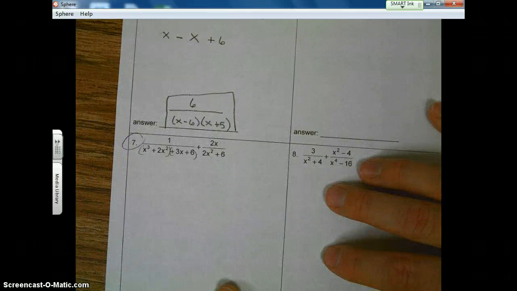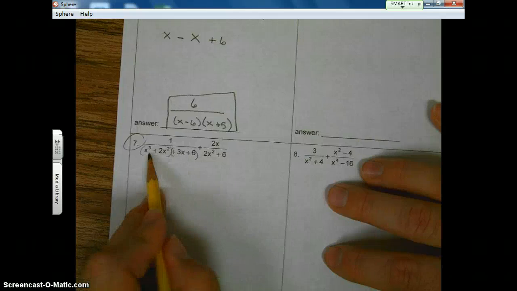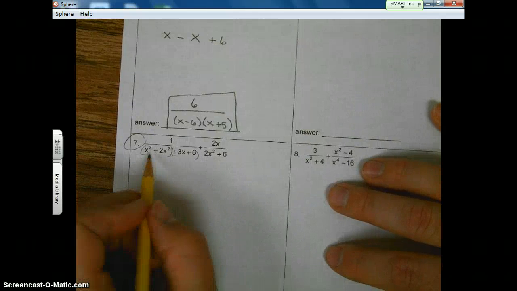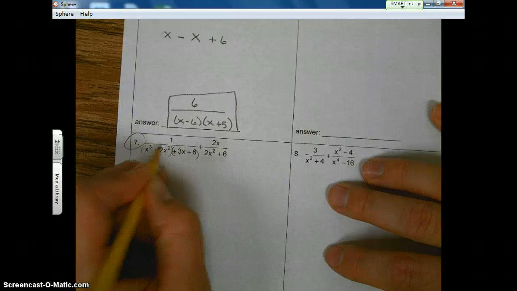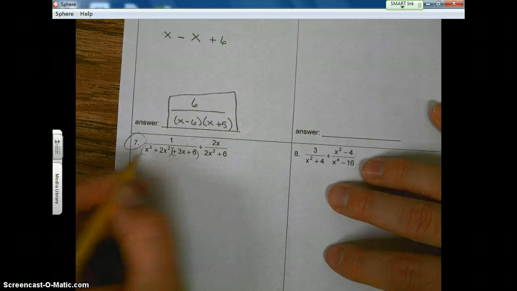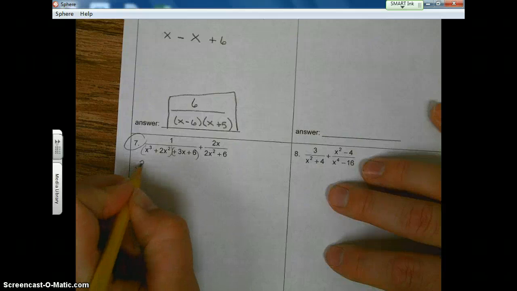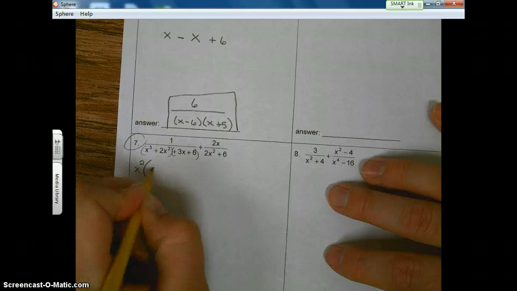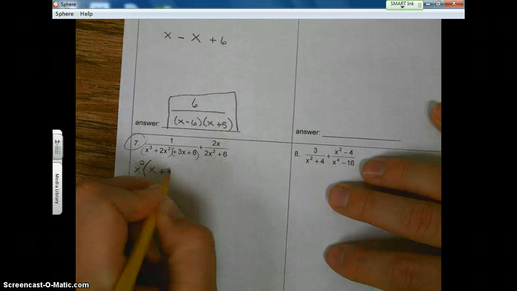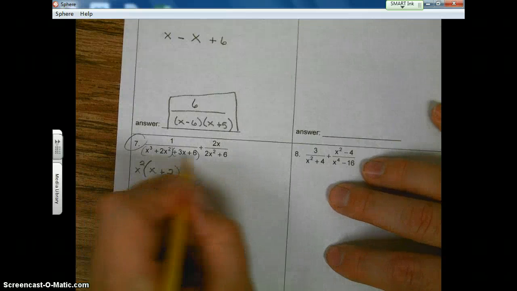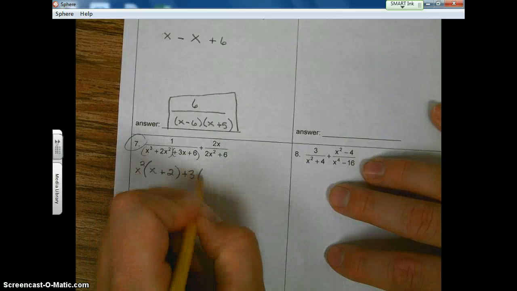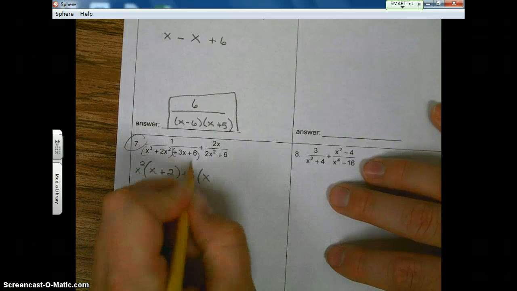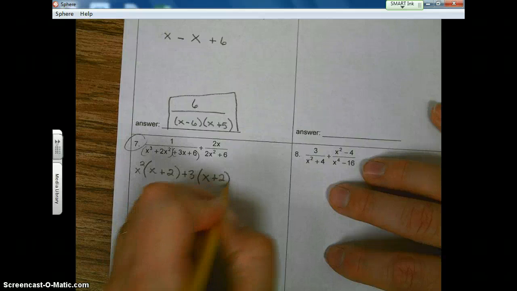All right, number 7. Here we have to factor by grouping. So we have 3 x's and 2 x's. So I can take 2 x's out of both. That leaves me with an x and a 2. Here I can take a 3 out of both terms. So 3 goes into 3 1 time, so I have 1x. 3 goes into 6 2 times.